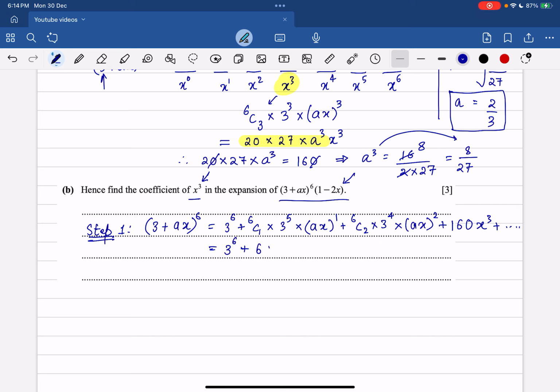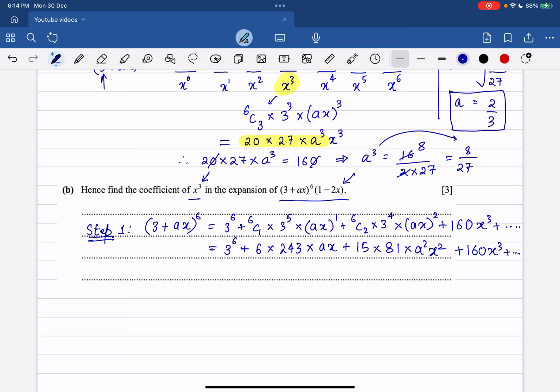So this gives me 3 raised to 6, which I don't need to further expand. 6c1 becomes 6. 3 raised to 5 is 243 times ax, plus 6c2 gives me 15, 3 raised to 4 is 81, and this is a squared x squared, plus 160x cube plus dot dot dot.